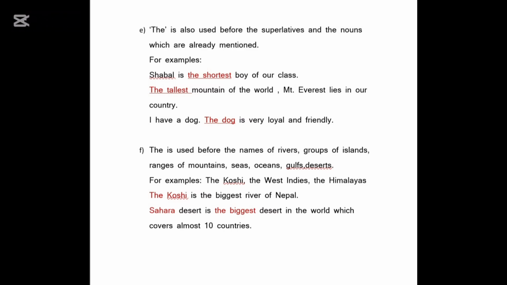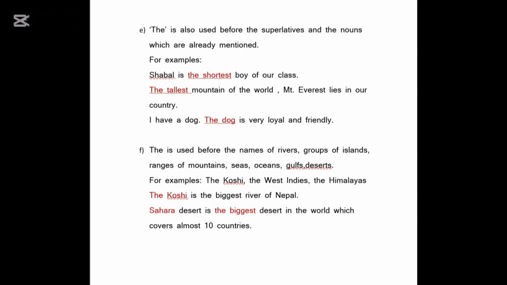The dog is very loyal and friendly. See, if I am talking about the same dog again, at first I wrote a dog, then after that I wrote the dog because I am talking about the same dog. So if we are going to talk about the same noun, same word, then we have to use the.